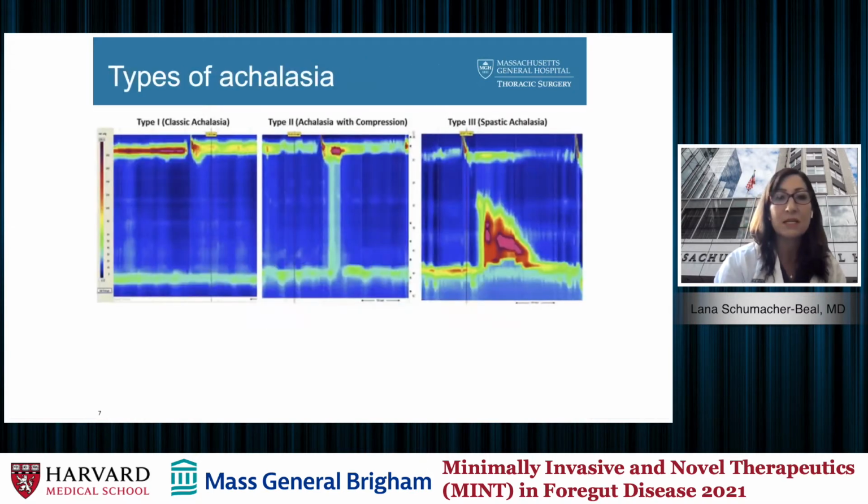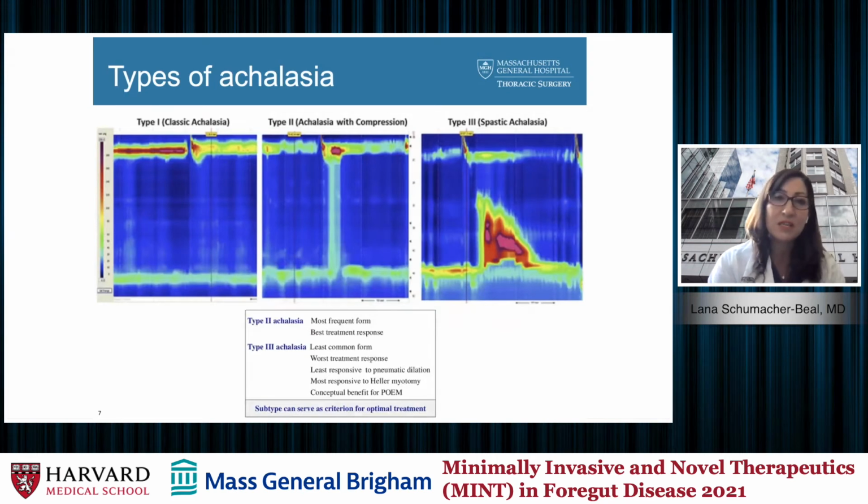And so this is a nice picture of the variations of the types of achalasia and the variation of pictures of manometry that you may find. And so you see in type 1, there's absolutely no color within that mid region, which is the contraction of the esophagus. And you have the higher resting pressure at the bottom. And in type 2, you see this panpressurization throughout. And then type 3, you can see how there's the spasm of the pressures.